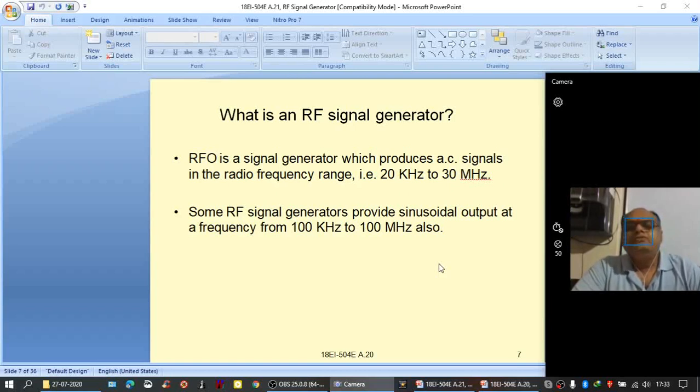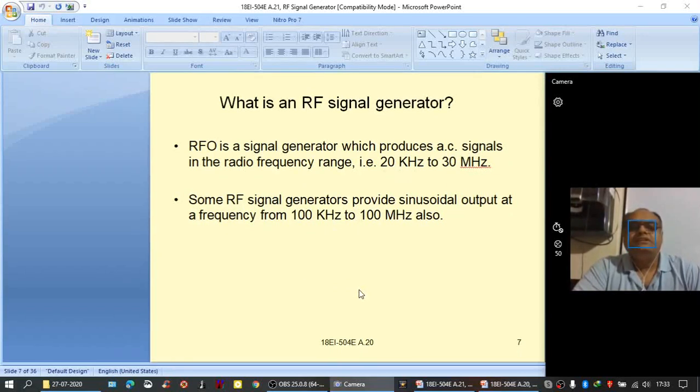And one more point to be observed here is that the RF oscillator, that is radio frequency oscillator, is the basic part, or the main part, of RF signal generator.